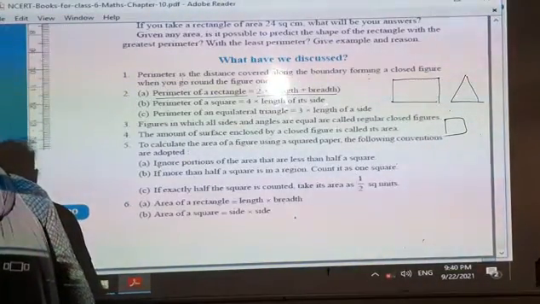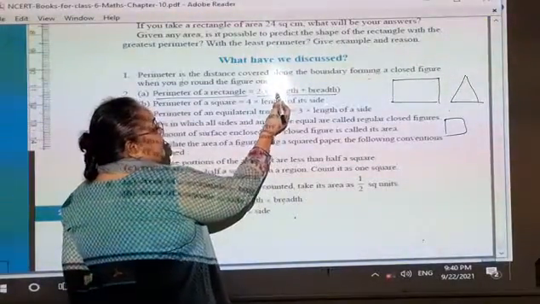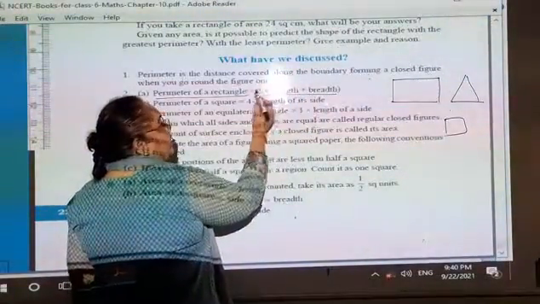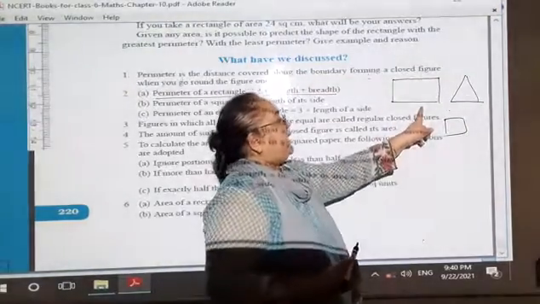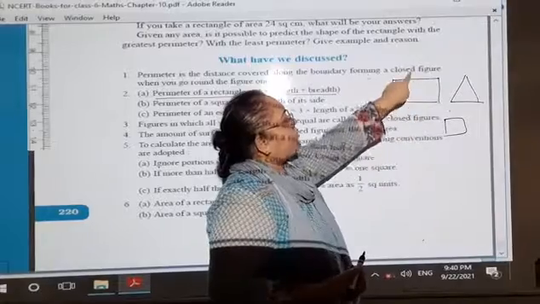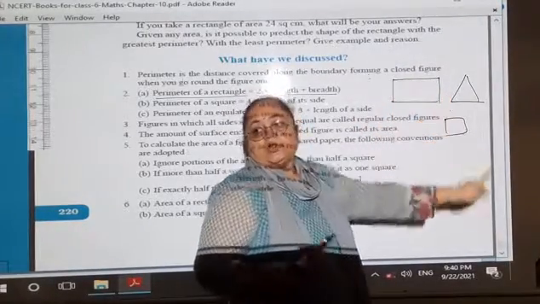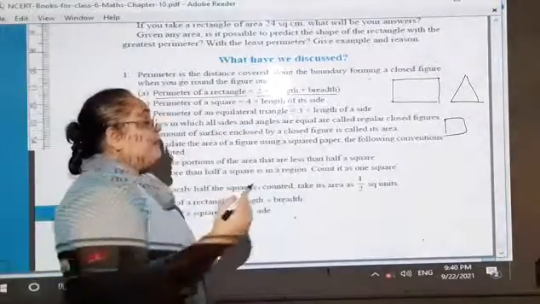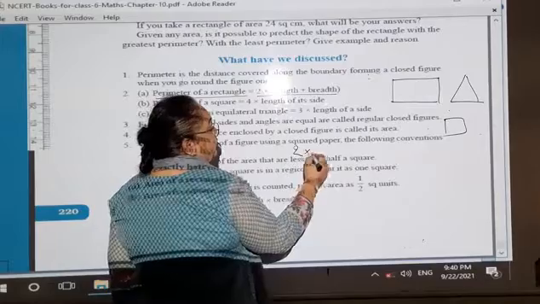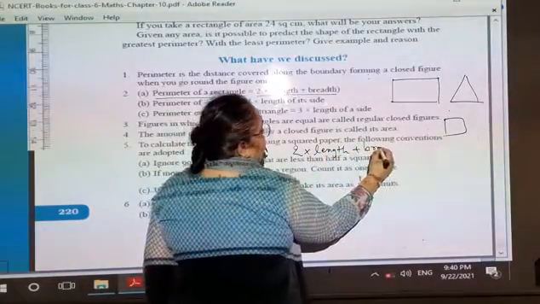Without the bracket it will be wrong. The bracket shows that length is 2 times and breadth is also 2 times. If I do not use the bracket, it will come like 2 times length plus breadth.